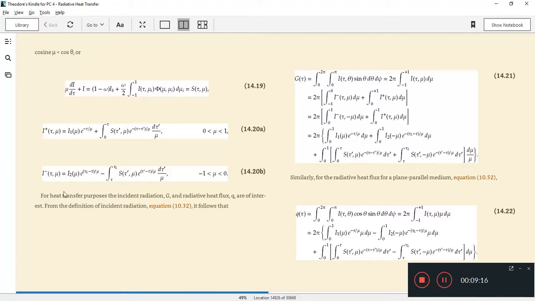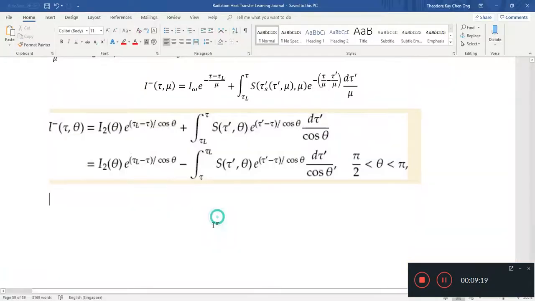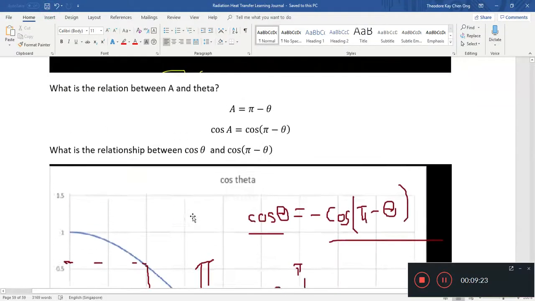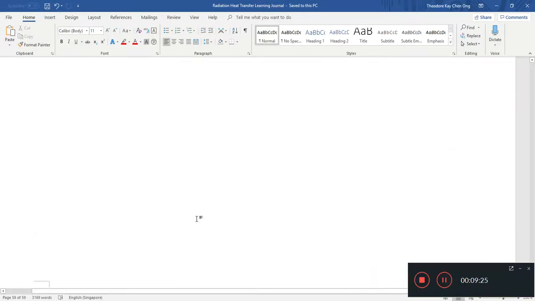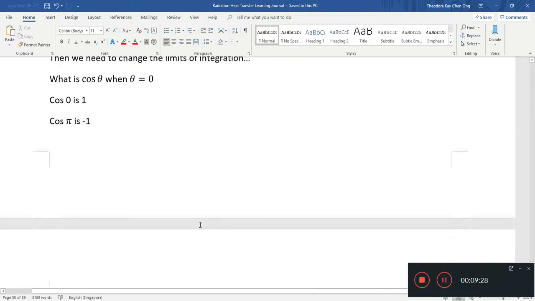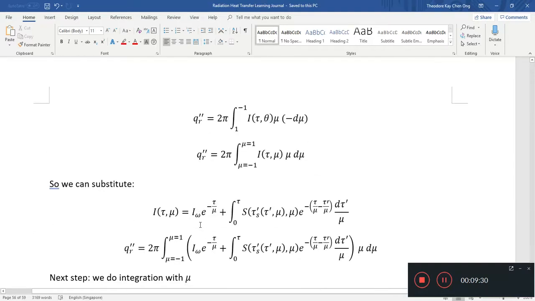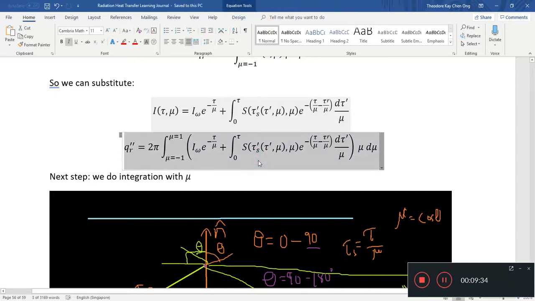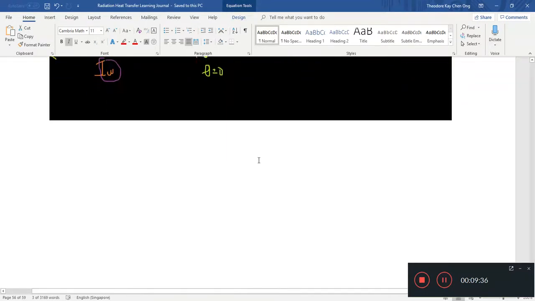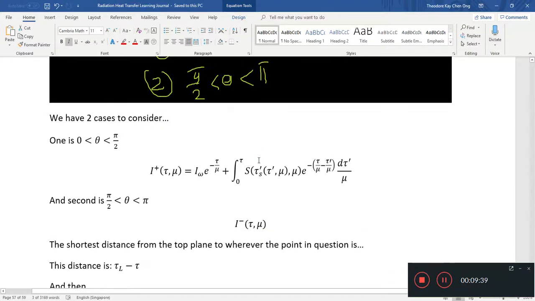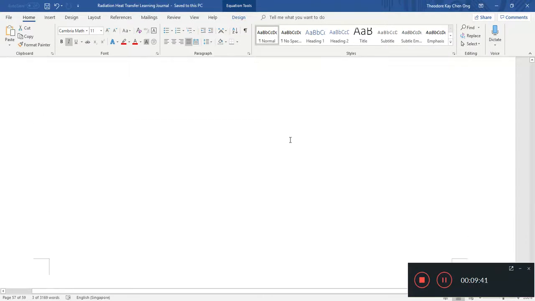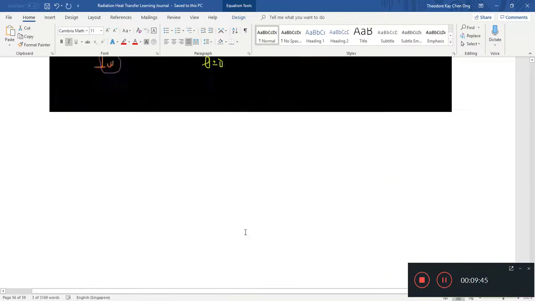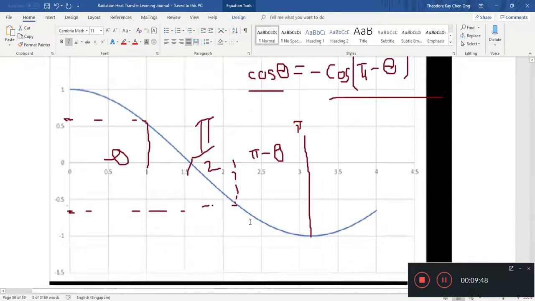We can continue our derivation for why we are deriving the form of these intensities in the first place. It is for this very purpose of finding this Q. You need to find this heat flux, not just any heat flux, it's the scalar form of the heat flux.